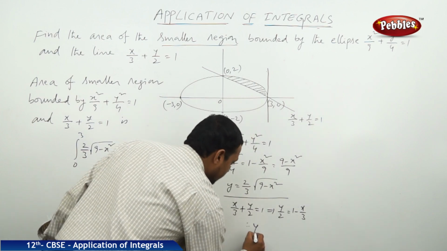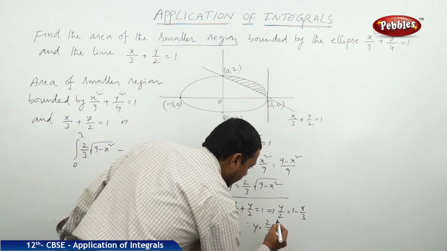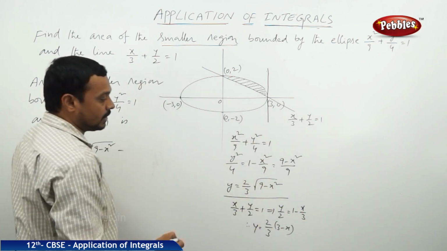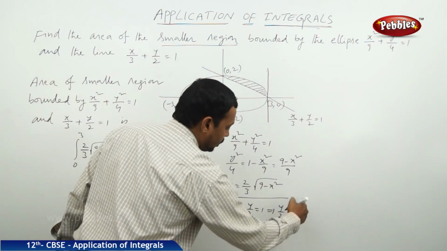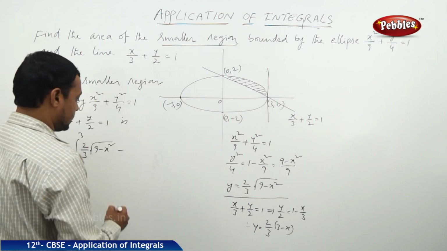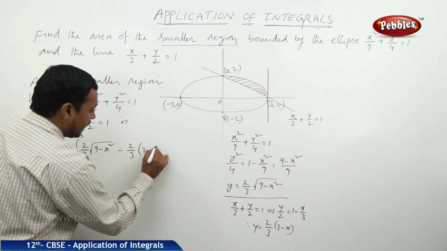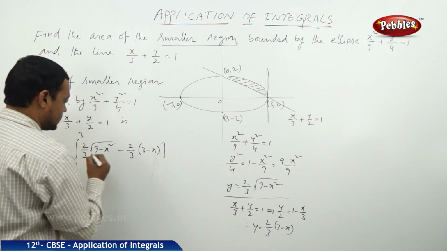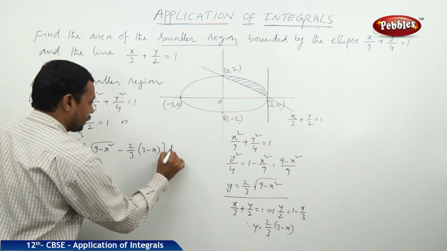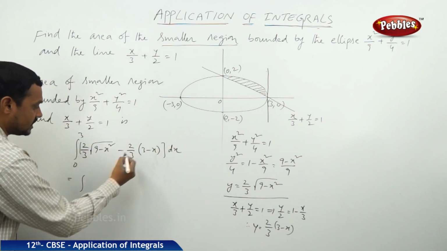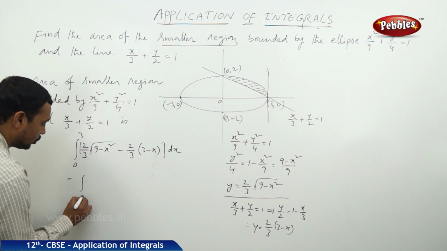Now therefore y = (2/3)(3 − x), that is (3 − x)/3 into 2, or (2/3)(3 − x). Therefore it is (2/3)(3 − x) dx. Now we can divide this integral into two parts.